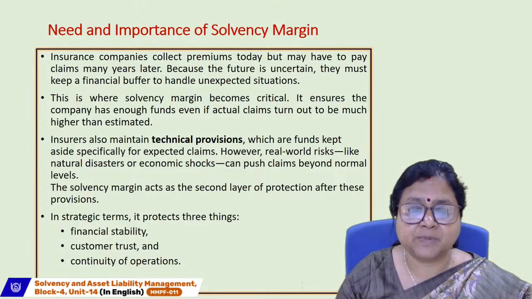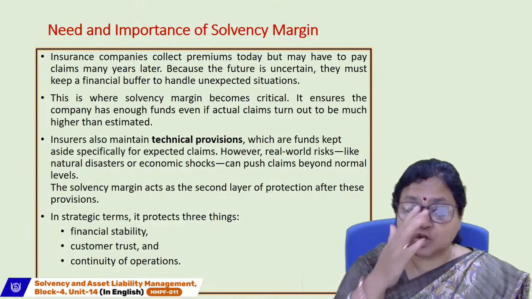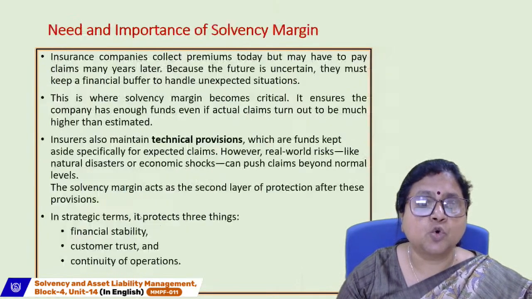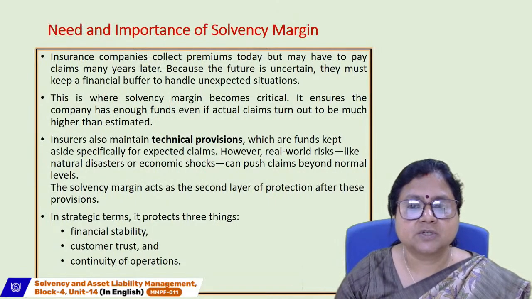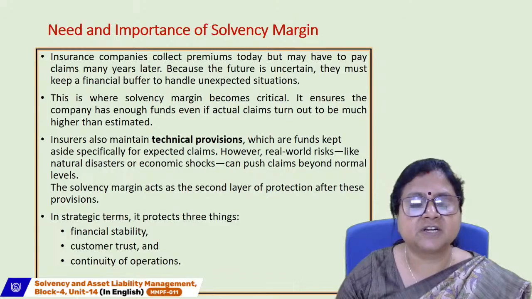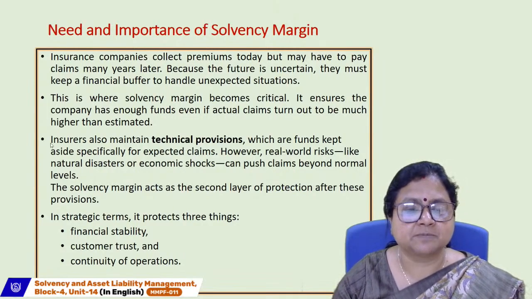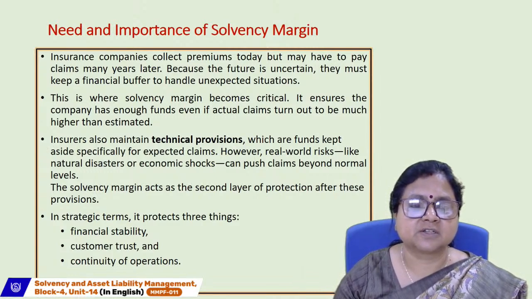Since the future is very uncertain, there might be an increase in the claims. So this buffer will definitely help them be safe in settling the claims. So that will directly maintain customer trust.